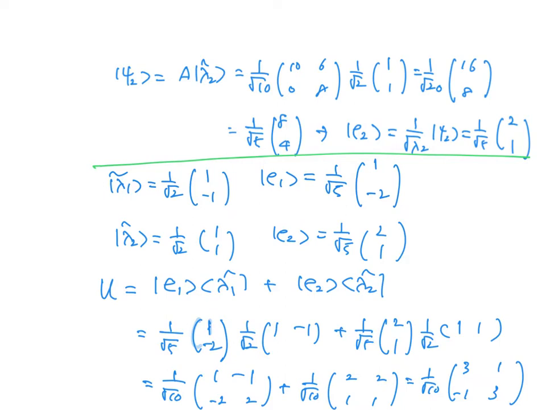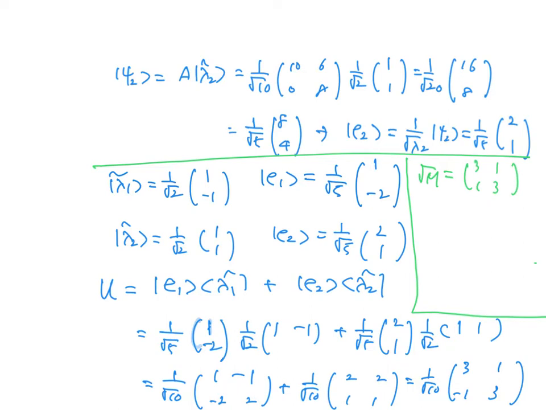So we can check. The square root of M was (3, 1, 1, 3), right?